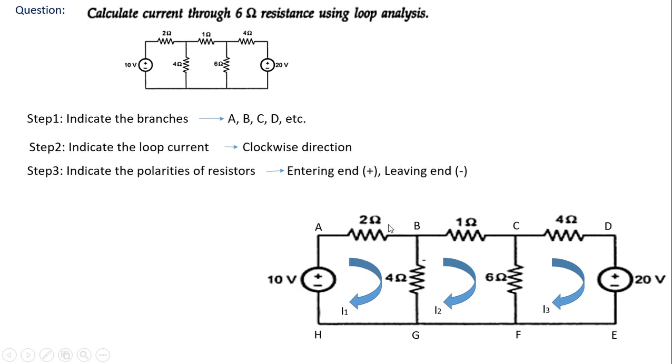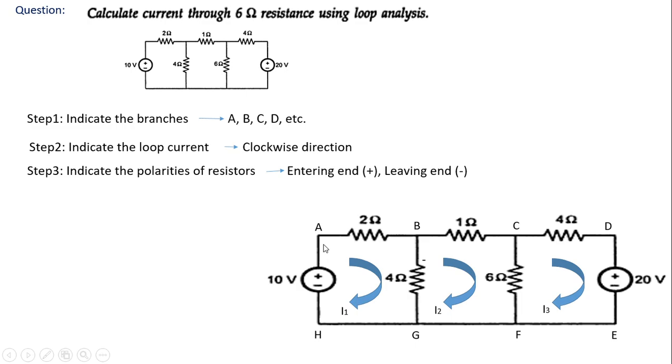If we consider the 2 ohm resistor, I1 enters from terminal A and then leaves from terminal B. That means entering end terminal A, leaving end terminal B.